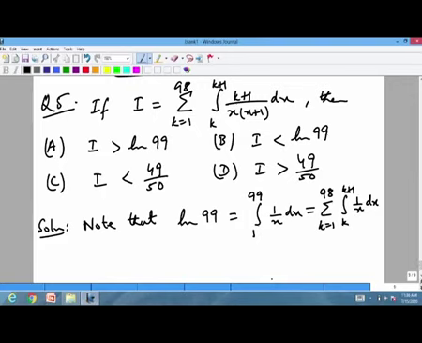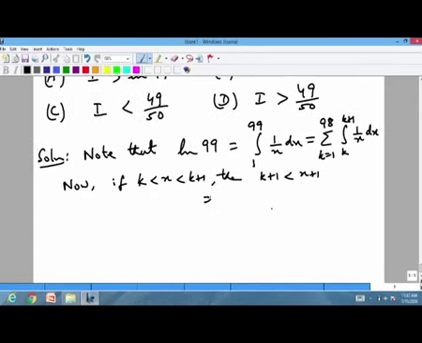So, now note that if my x is greater than k and less than k plus 1, then here we had integral of k plus 1 by x times x plus 1, then we have k plus 1 is less than x plus 1, which implies k plus 1 by x plus 1 will be less than 1.